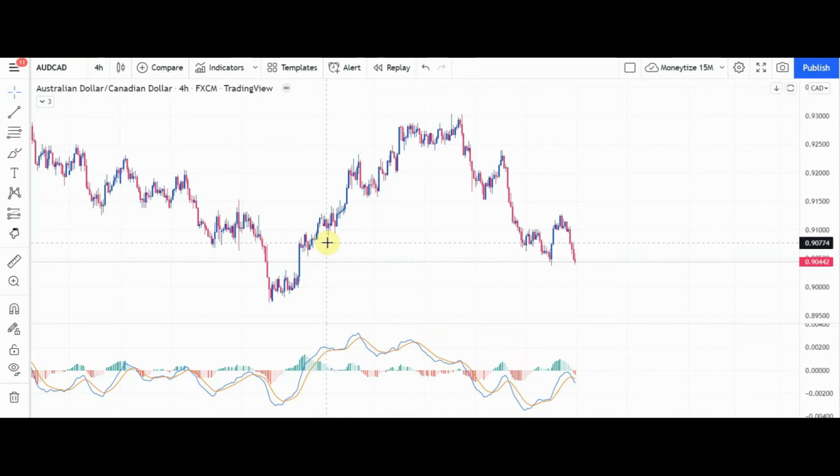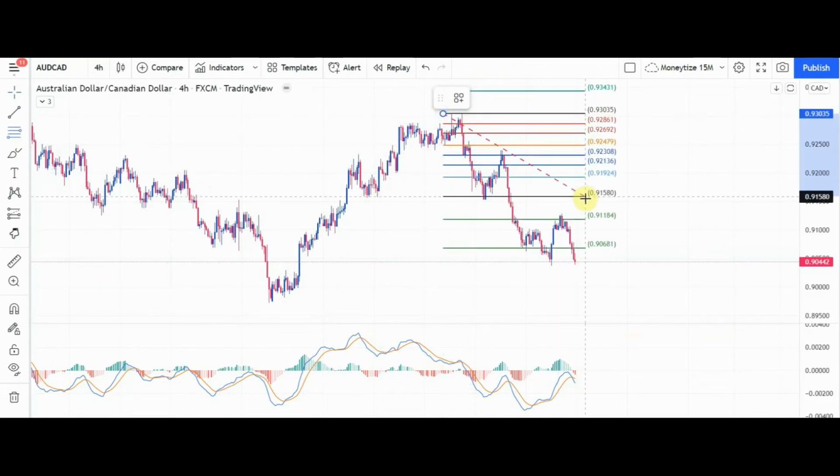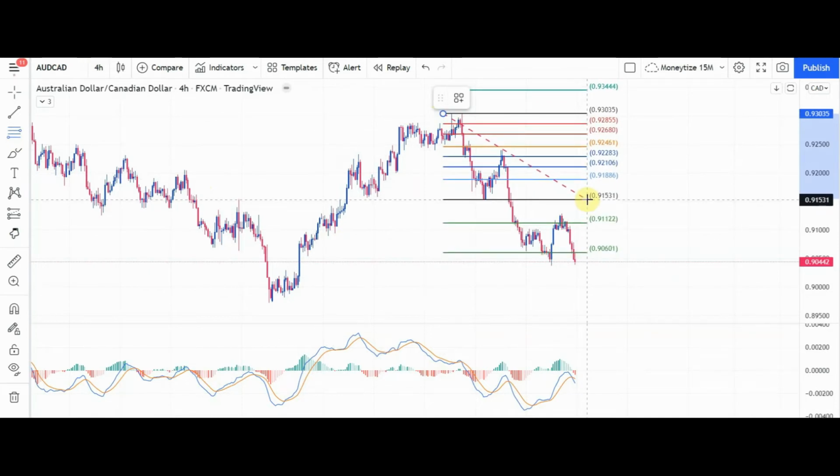So I've taken this AUD CAD chart, 4-hour time frame, and I'm going to take an example on the retracement. What I'll do is take it from the highest point to the first low to check the fib retracement. The first fib line is 23, the second is 38, the third one is 50, and the golden one is 61.8.